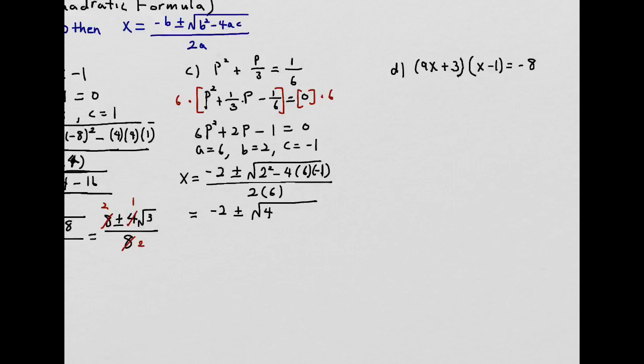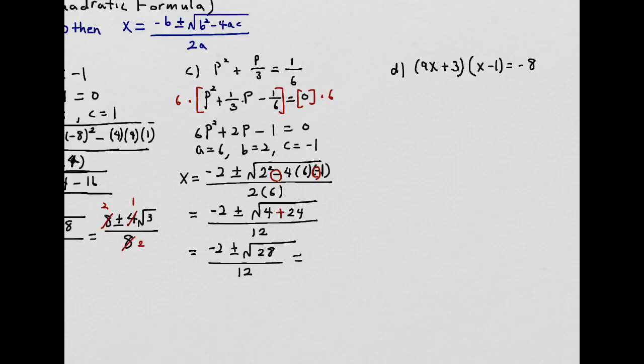And you again have negative, negative, so this is going to be plus. 4 times 6 is 24. 2 times 6, 12. And when you combine inside the square root, you get 28 over 12.